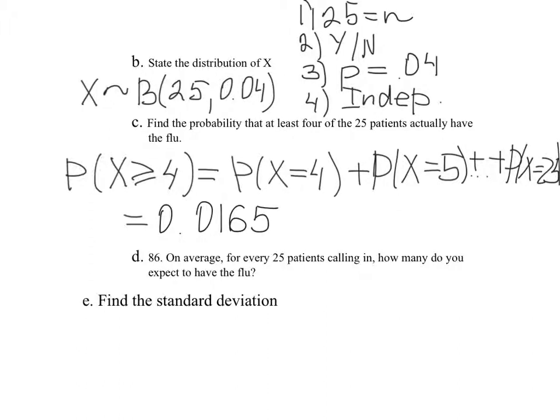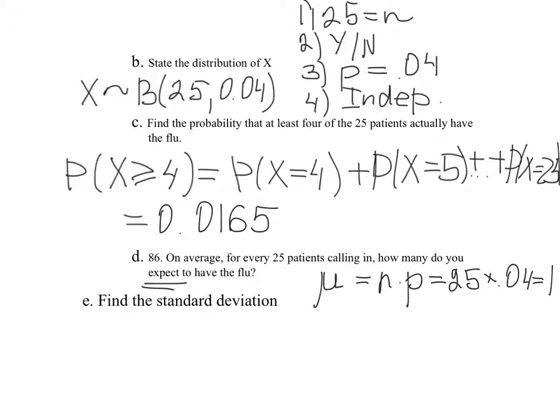Okay, next question. On average, for every 25 patients calling in, how many would you expect to have the flu? So this is the expected value, and the expected value is a mean. And mean is equal to n times p. So n is equal to 25 multiplied by 0.04, and this is 1.